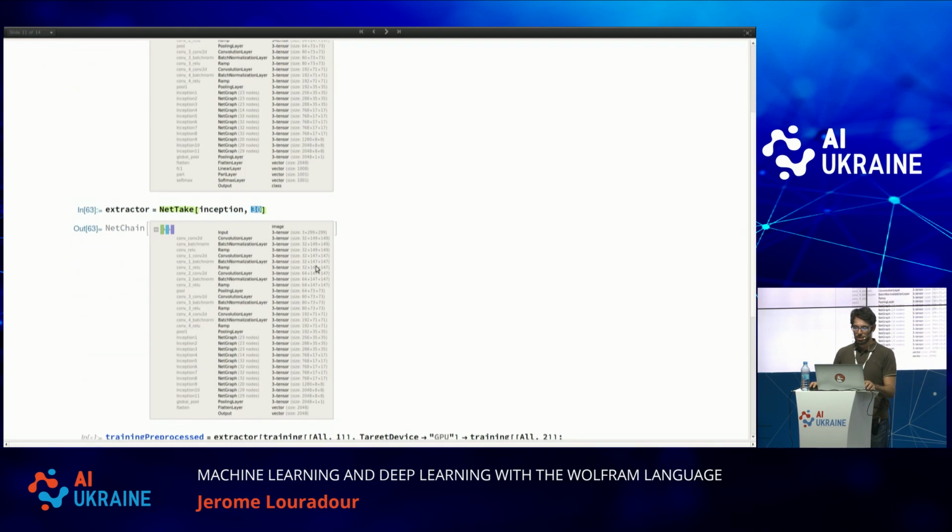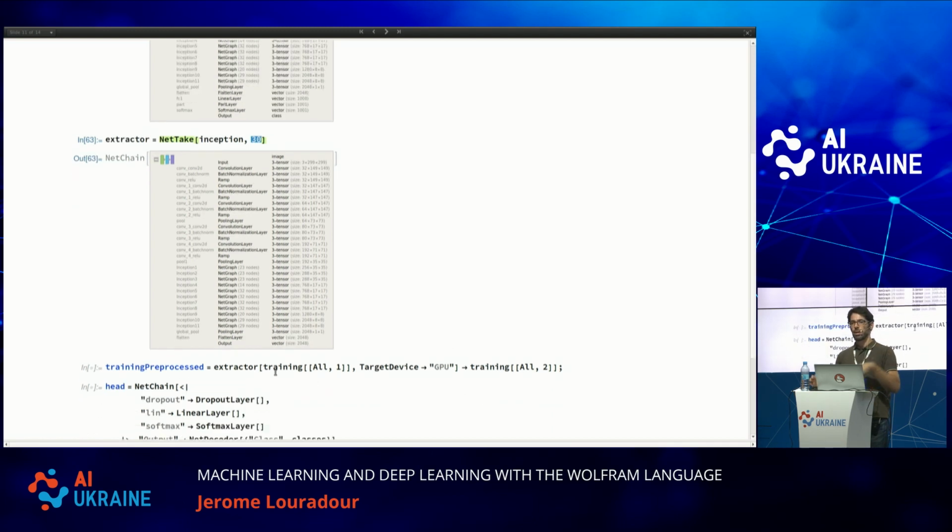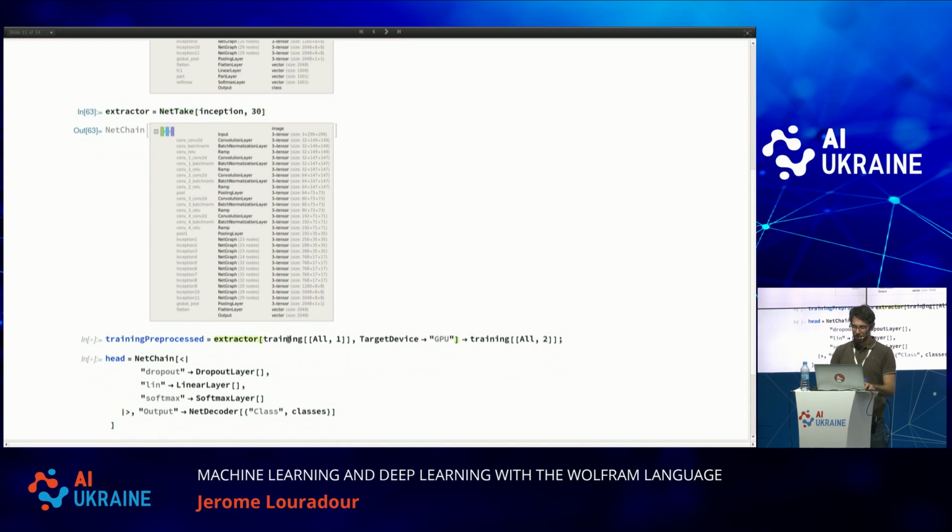And now if I cut it, I stop a little bit before the probabilities. And then I will retrain a layer on top of this, which is like doing a logistic regression more or less on these high-level features. So in this command, I'm applying the network to my training data to have my features pre-processed. I could also train everything together, but you see here I'm specifying that I want to use the GPU.